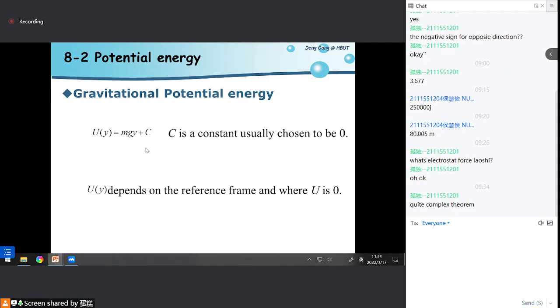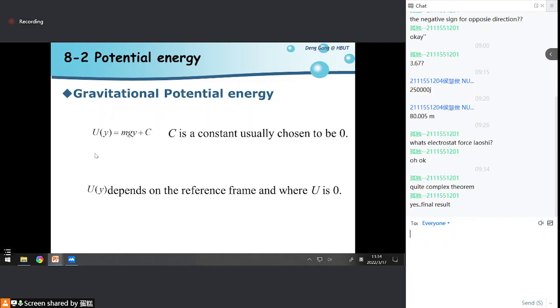Yes, it's quite a complex theorem, but what you need to understand is the conclusion. How to get to this step may be complicated, but you are not majoring in physics, so you only need to know the conclusion, like this equation.